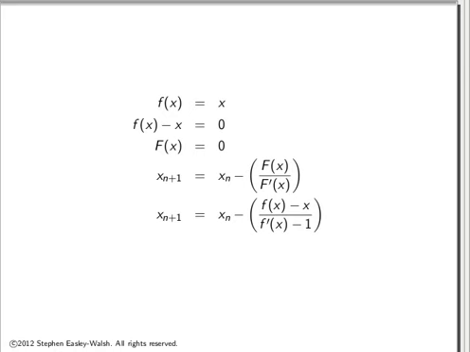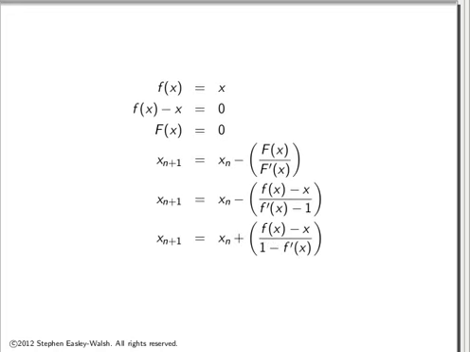Firstly, I don't really want the minus out in the front there, so I'll bring the minus in. And I'll put the minus actually in the denominator. So I'll get rid of that minus in the front. And what I'll do is I'll change the denominator into 1 minus f derivative. Like this. Okay? And then the next thing I'll do is I'll split this fraction up into two pieces.